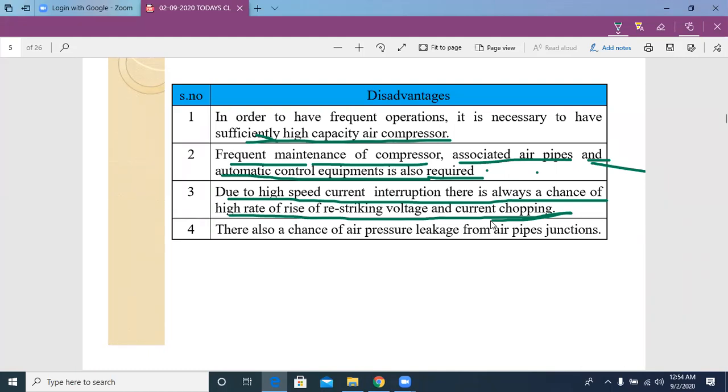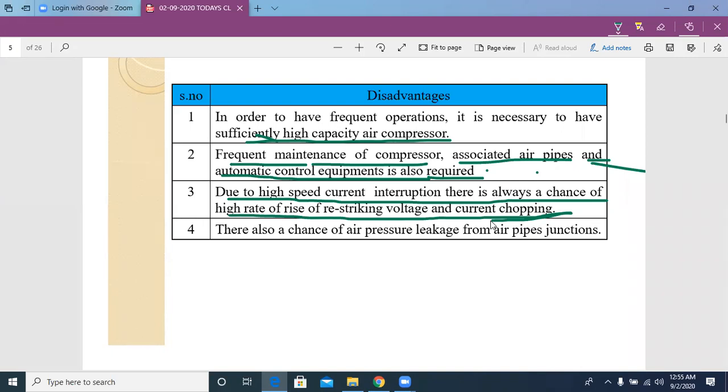Current chopping means these circuit breakers sometimes interrupt the fault current before it reaches zero value. When that happens, severe transient voltage oscillations occur, and those oscillations may be dangerous to the life of the circuit breaker.